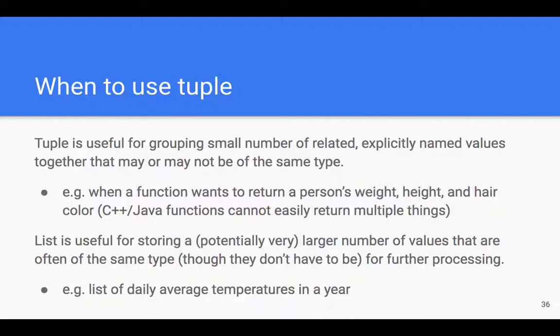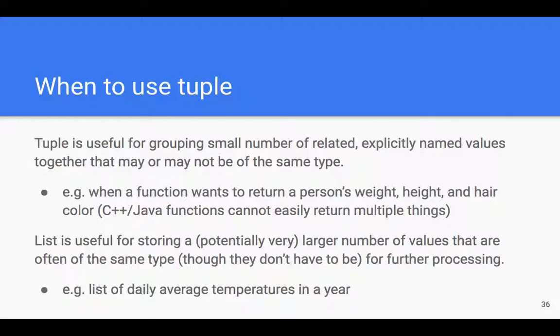Now, what is a list good for? We've already seen it, but we can do a quick review. A list is useful for storing perhaps a large number of values, and these values are usually the same type. They don't have to be, but they usually are, a list of numbers, a list of strings, etc. And then we want to do further processing with this list. For example, a list of daily average temperatures in a year.